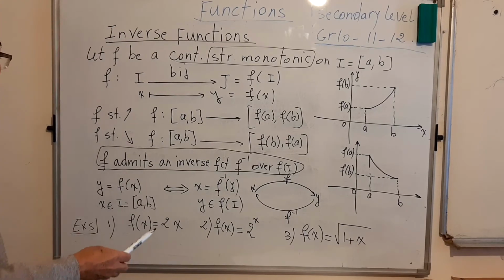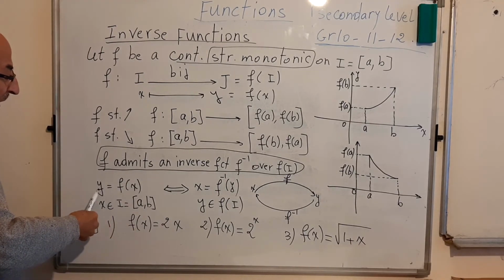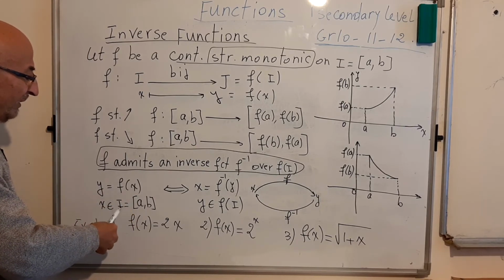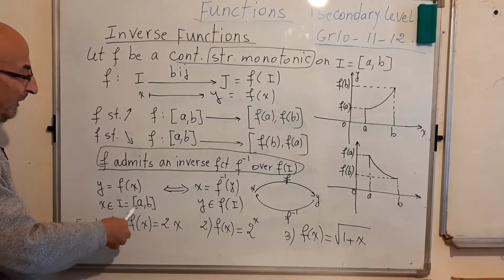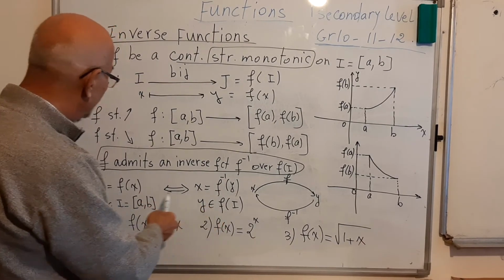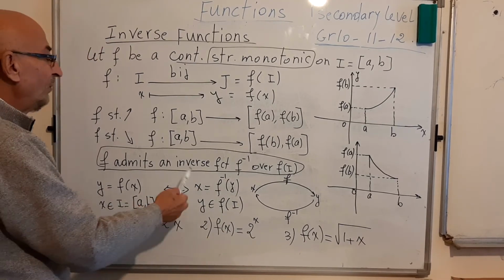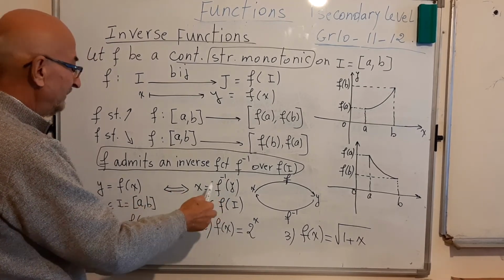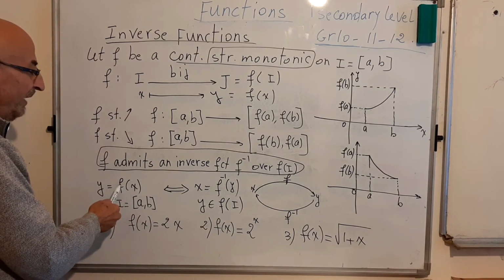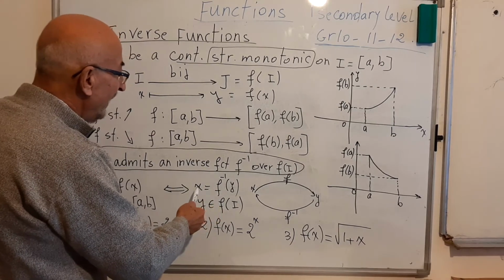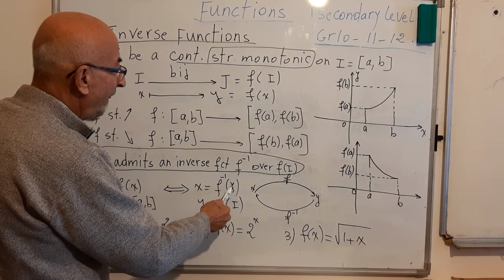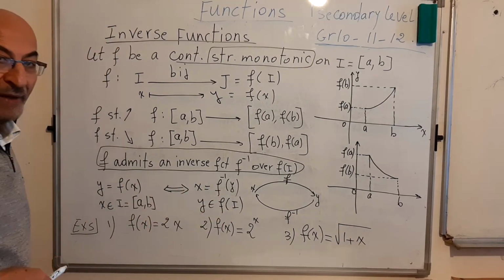In general, we can write y equals f of x, with x belonging to the interval I equals a, b, is equivalent to x equals f minus 1 of y. y is the image of x by f. x is the image of y by f minus 1.